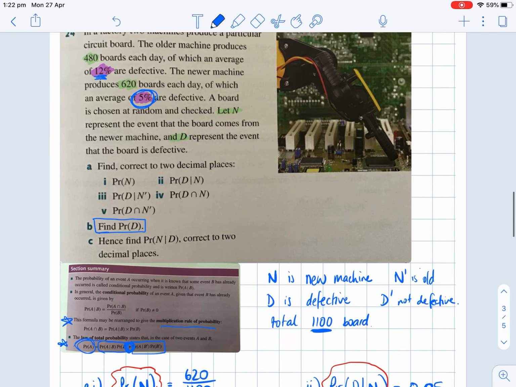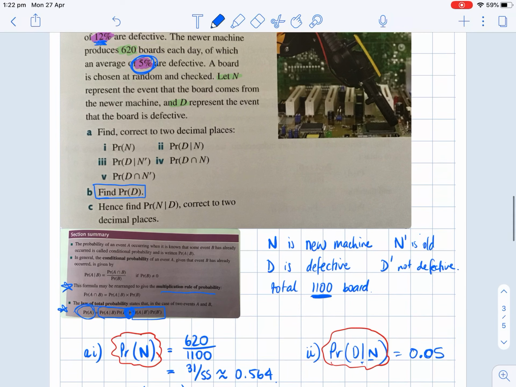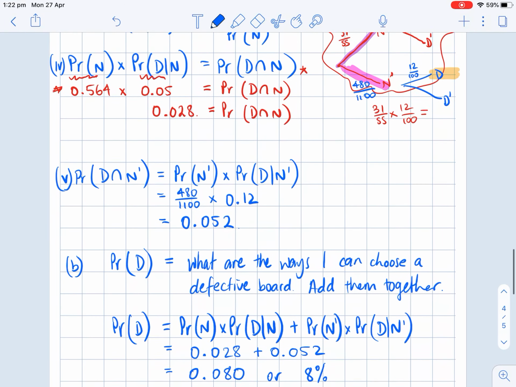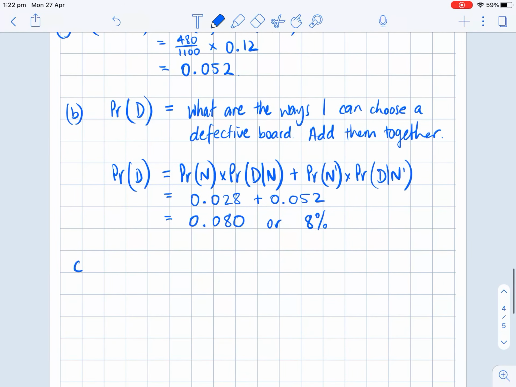Okay, part C of the question. Hence, find the probability that it is from the new machine given that it's defective. Well, we know that's got to be the probability that it's from the new machine and defective divided by the probability that it's defective.